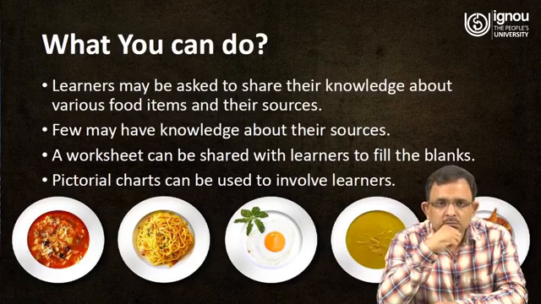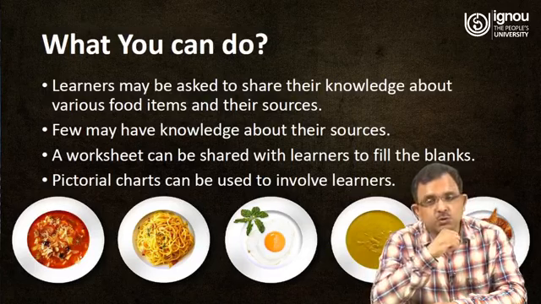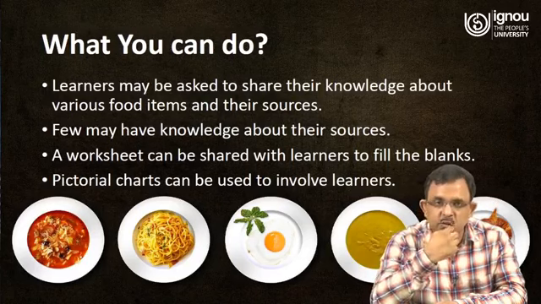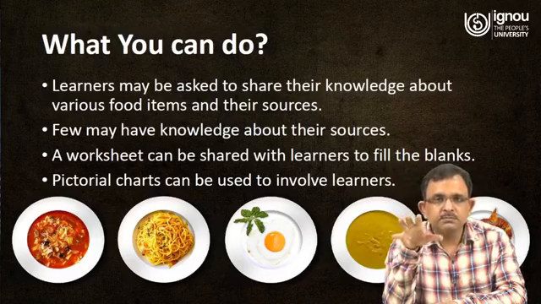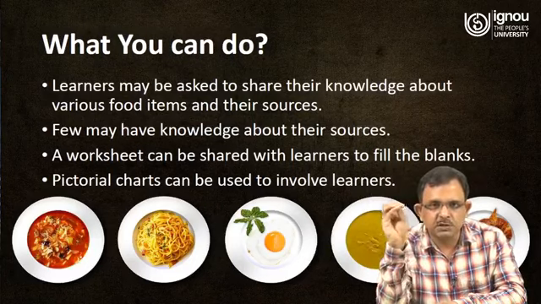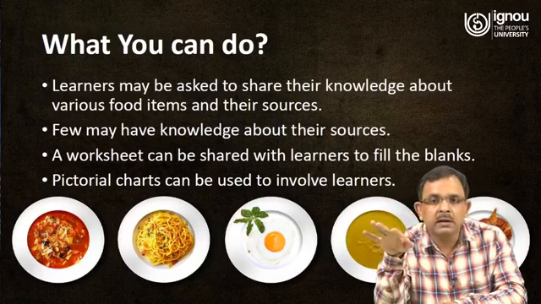Few may not know. Then you give them an opportunity to explore different sources of sugar, what kind of sugar they are consuming, or you can give them a worksheet where some sources, some pictures or some names are there, and let them fill in the ingredients.